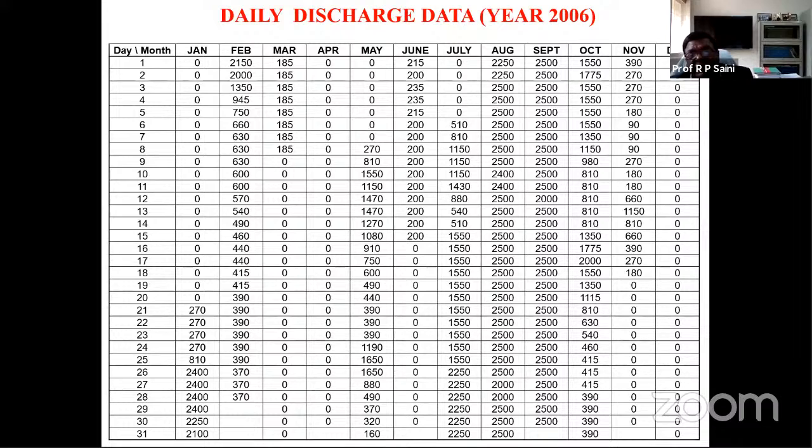Like our department, we have a data bank for many states like Himachal, Arunachal, Uttarakhand, Chhattisgarh. So we have all this data, that means the discharge and the head which exists in the state. You can get that from them.